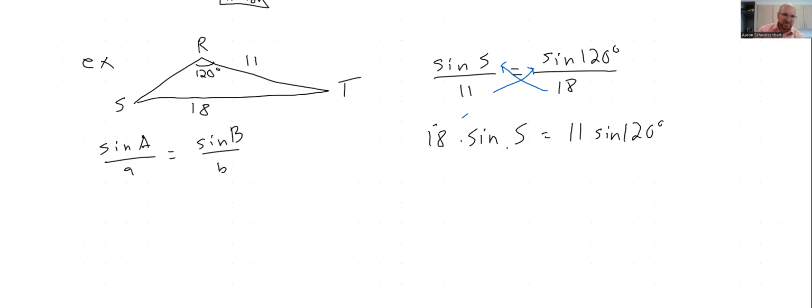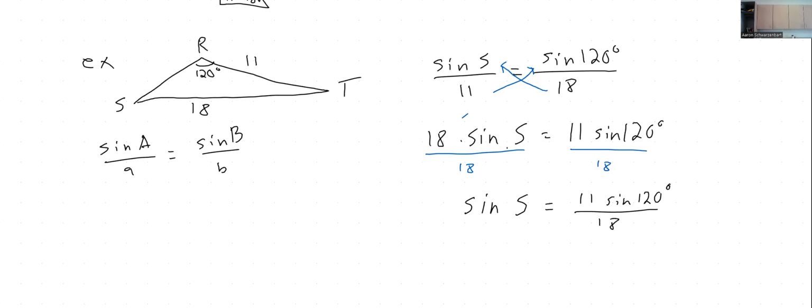So the first thing I need to do is move the 18 away. I can do that by dividing both sides by 18. I'm just showing this in a different color to make it handier to see that I added a step here. And I've got sine S equals 11 times sine of 120 over 18.